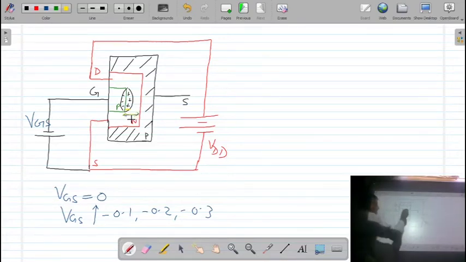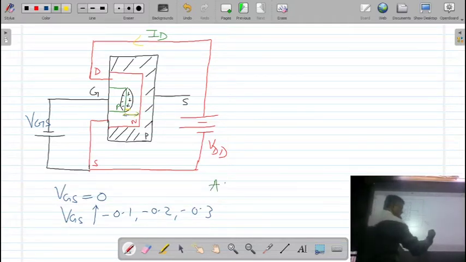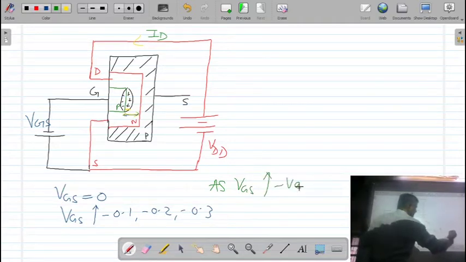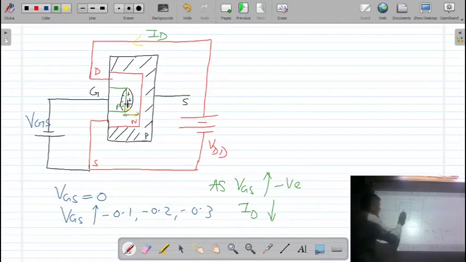As the width decreases, your drain current ID decreases. As VGS increases negatively, the drain current decreases due to the increasing depletion layer.